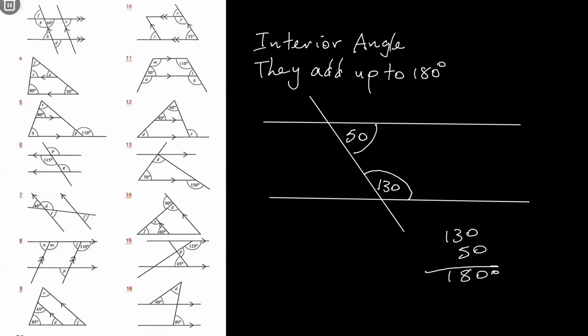Now, please note that they form a C, or it could be a C this way. So we would have interior angles on the other side. So our interior angle is here, which is 130, and one here, which is 50.